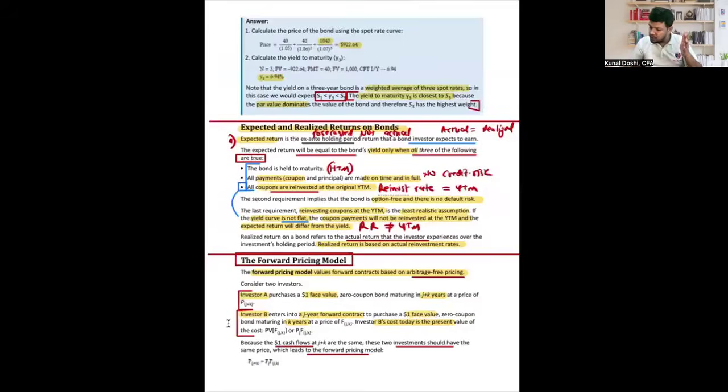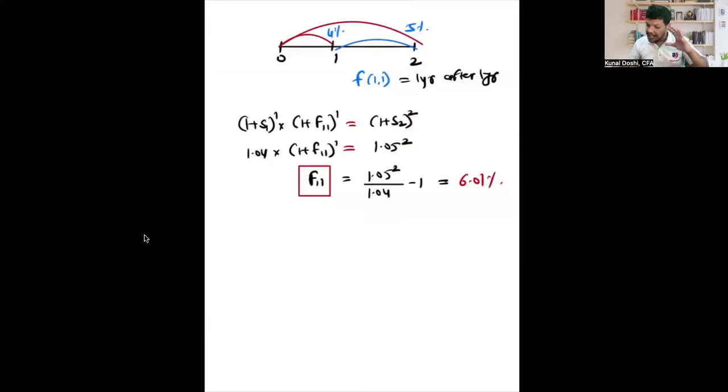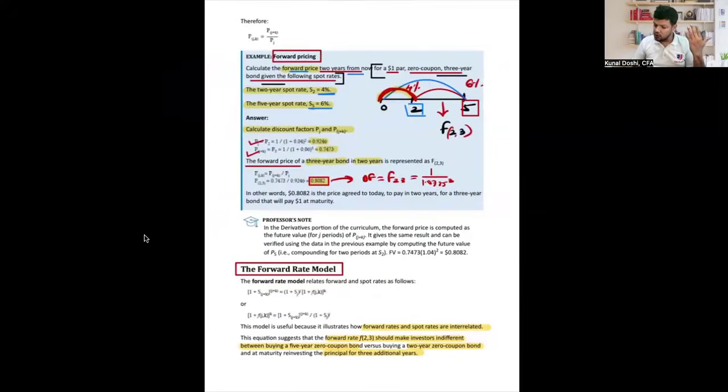So forward is already revised at that point. Got it? Now, forward is based on the term structure, but the market expectation might be higher or lower. So if the expected rate is much higher or lower, you need to compare that with the forward and take a decision whether to buy the bond or not, right? That is what we will proceed and see how to do.